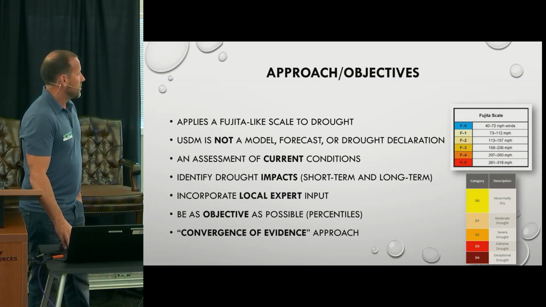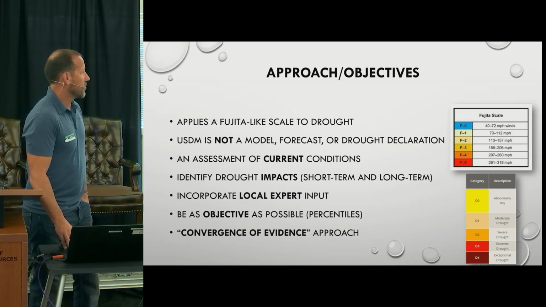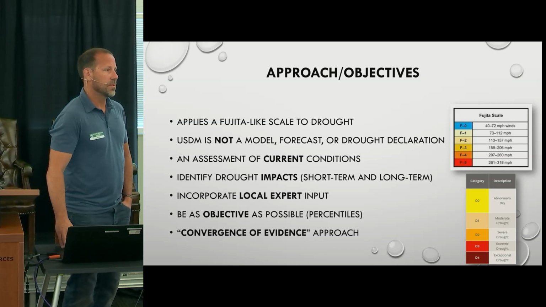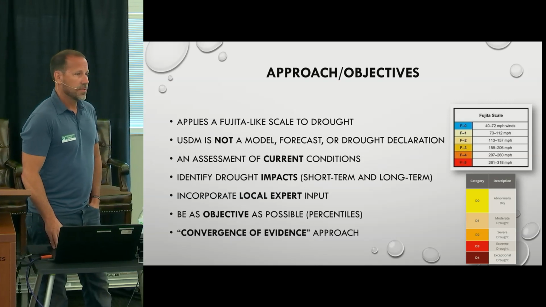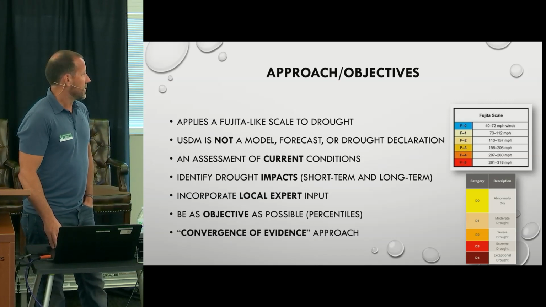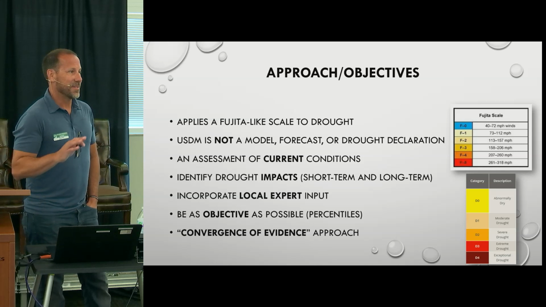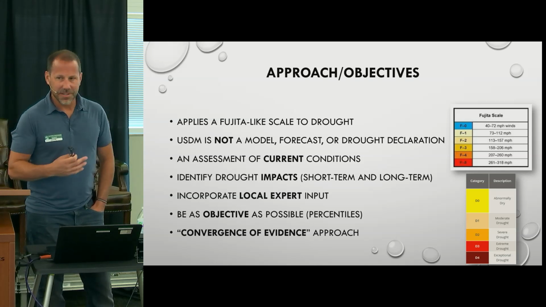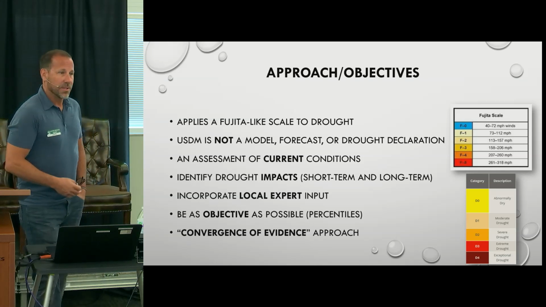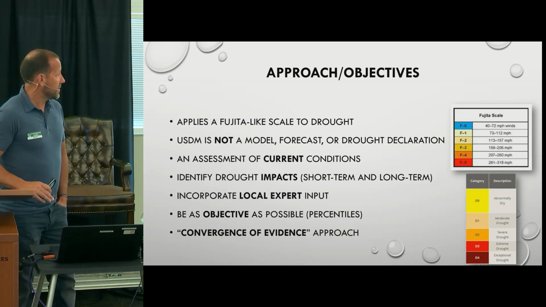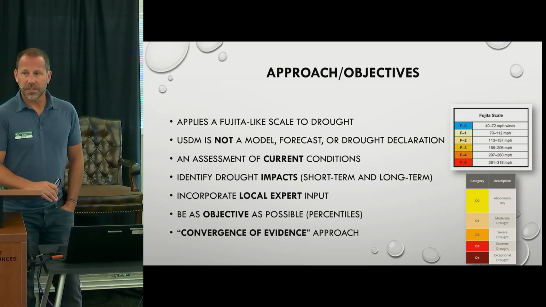One of our key things that's really important is the integration of our local experts into the process. And this is one of the things that I'm going to try and drive home here today: we'd like to get more impact information and input from the state of Utah.